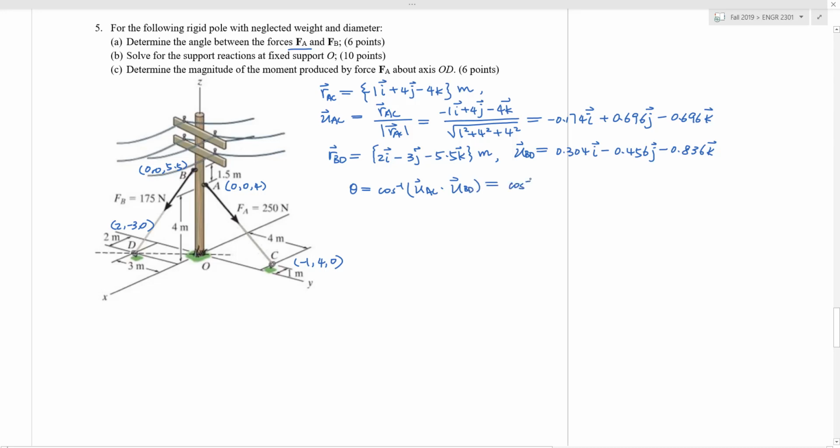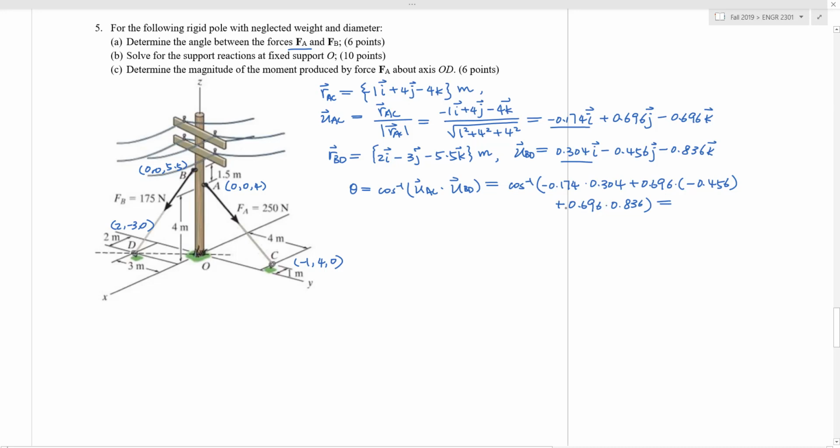So to calculate that, you'll take these multiplied together, so negative 0.174 times 0.304 plus 0.696 times negative 0.456, and then plus, the two negatives cancel out, so it's simply 0.696 times 0.836.